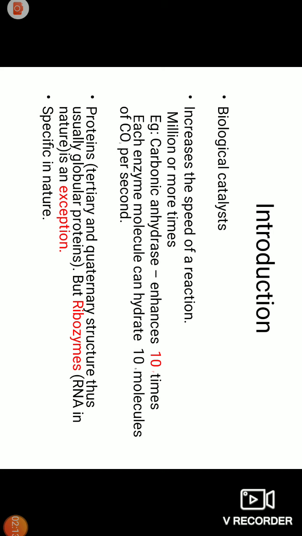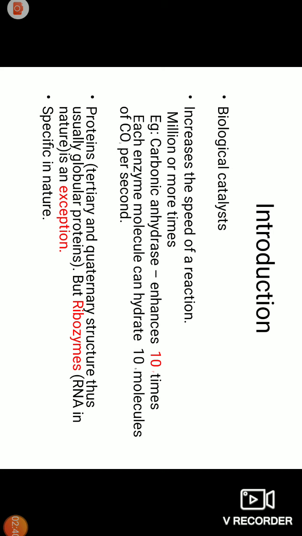An example is palladium, a catalyst used for the hydrogenation of oil, that is the addition of hydrogen to oil, converting the oil to hydrogenated fat, which we locally call dalda or simply hydrogenated oil.